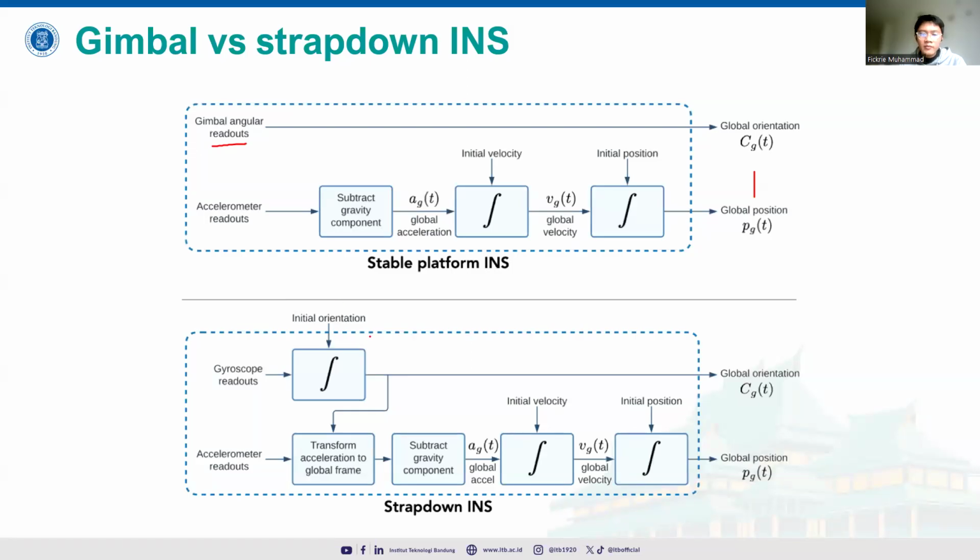And we have to integrate them with sensor fusion so that later on we'll have the global orientations and also the global positions. Basically, we'll have global motions, the motions of the body that refer to the global reference frame.